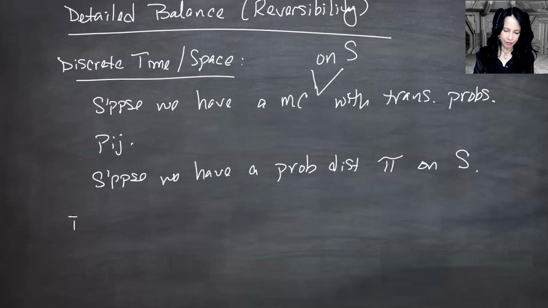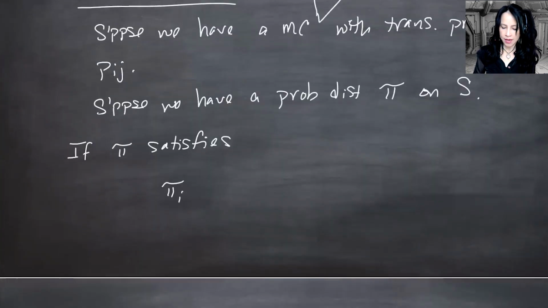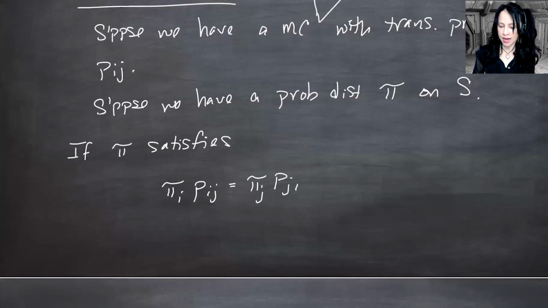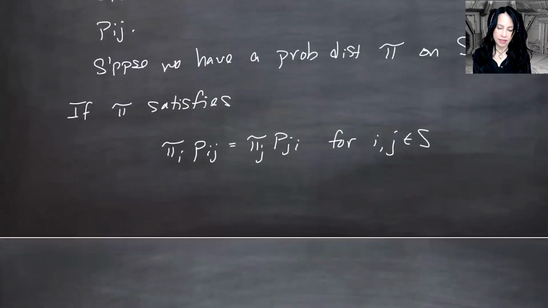Okay, so if this pi satisfies the following equation, pi_i P_ij equals pi_j P_ji for all i and j in the state space, then we say the chain has detailed balance with respect to the distribution.